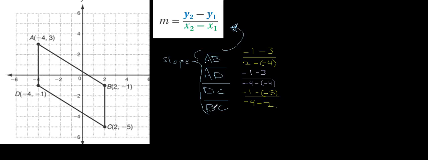And now for BC, my last one, line segment BC, I'm going to keep these as my sub 1 values. I'm going to convert point B into my sub 2 values. So I'm going to take -1 and subtract -5. And below, I'm going to take 2 and subtract 2. I forgot to change colors here, so let me change those colors up again.